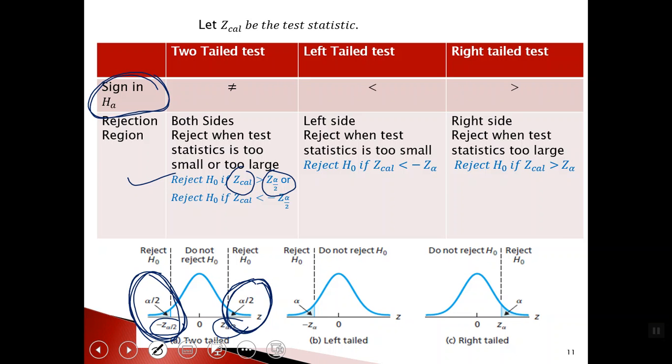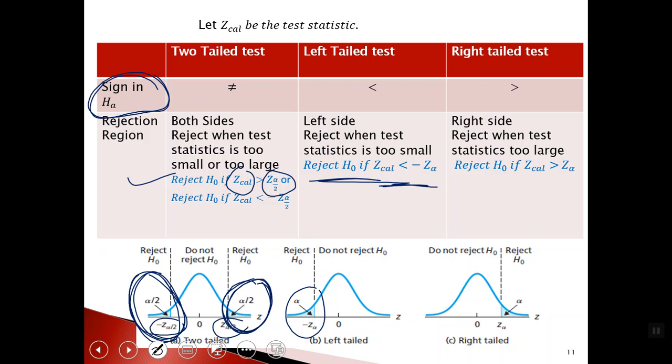What about the left tail? It is easy. Left means less than. So you reject your H naught if your calculated test statistic is less than your negative Z alpha. Why is this negative?